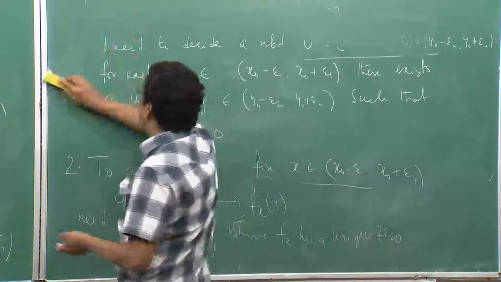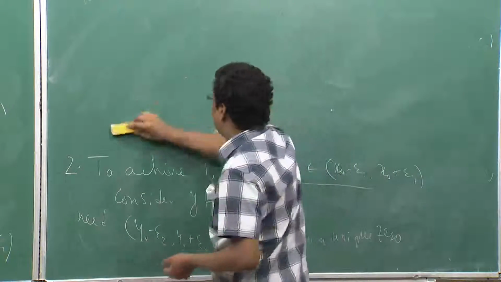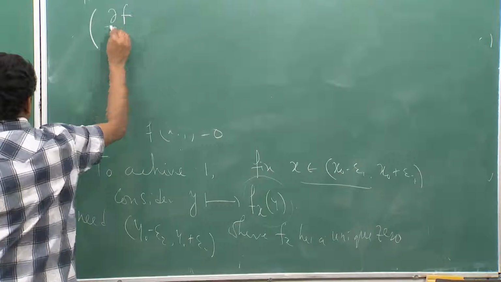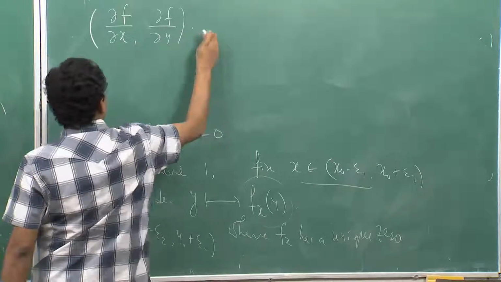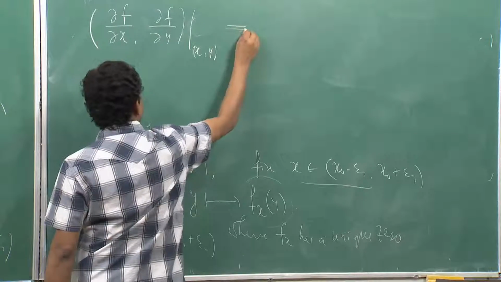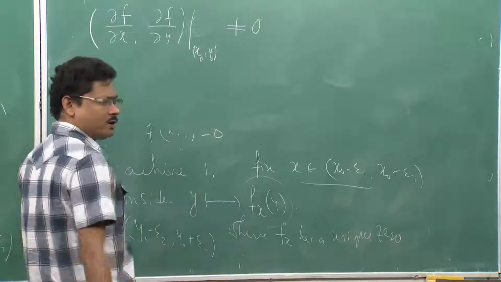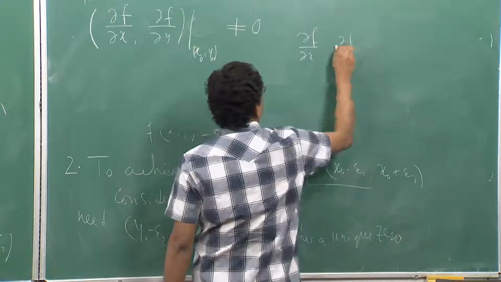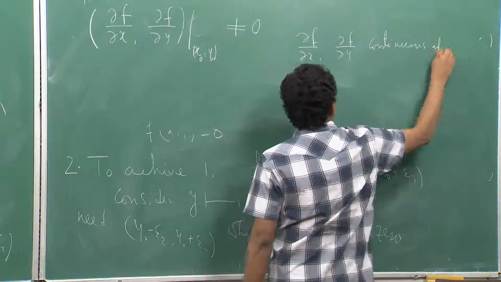So, what we actually need here, the conclusion, is that one of these, either del f del x or del f del y, at (x naught, y naught) is non-zero, and del f del x and del f del y are continuous at (x naught, y naught).